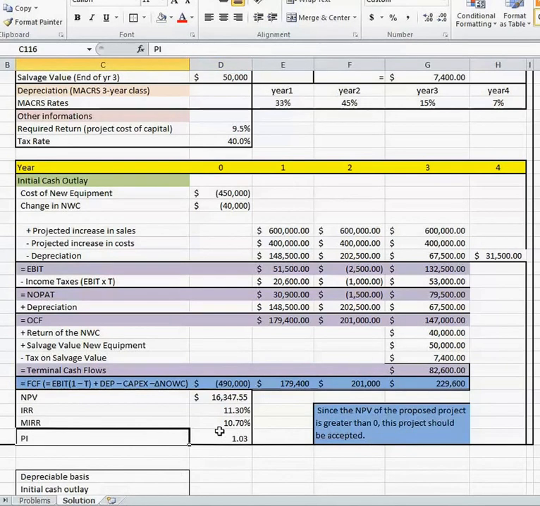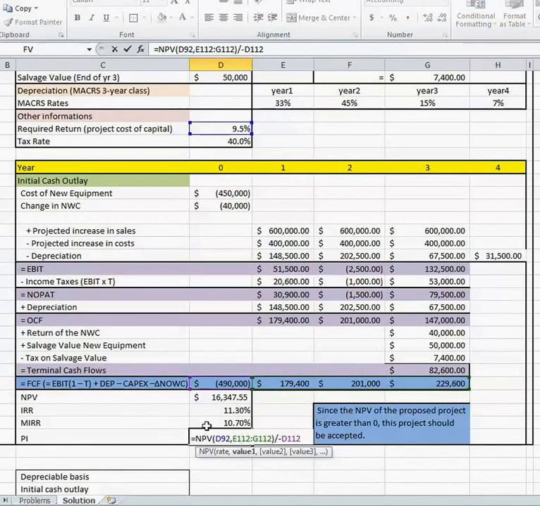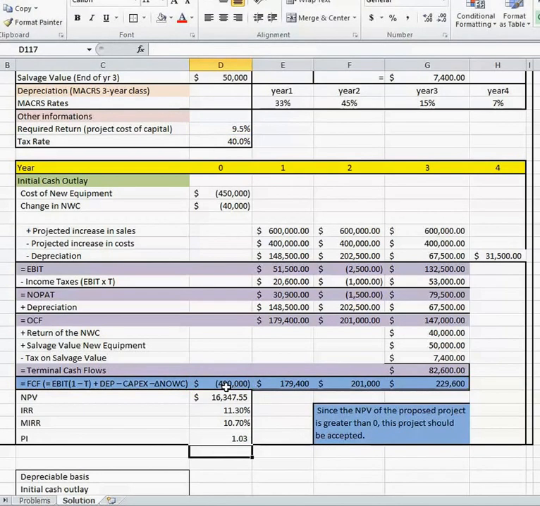The profitability index is the present value divided by the cost. So what I did here is find the present value: if I do NPV but don't take out the cost, that's the present value, and you divide by the cost, which is 490,000. That gives you the profitability index.